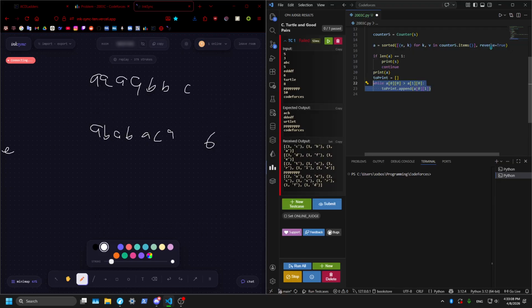Okay. Well, this happens. So we're working with tuples. Tuples are immutable. One A 0 1.